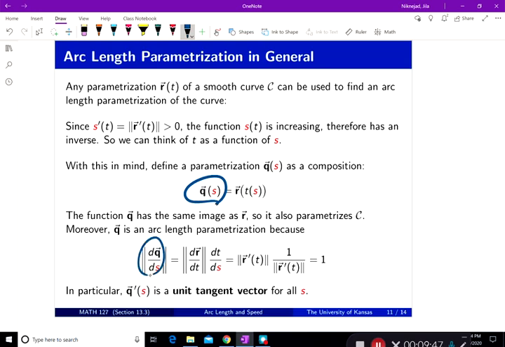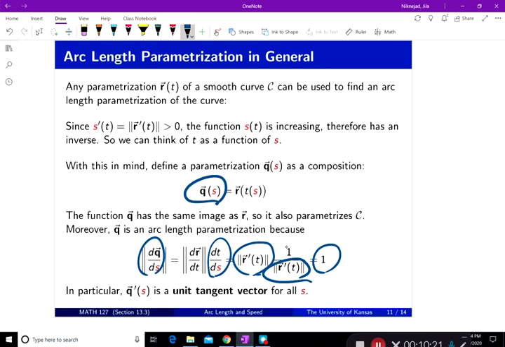this derivative is going to be dr/dt times dt/ds. When you take the magnitude of that, dt/ds is just a positive scalar that comes out, and then you have the magnitude of dr/dt. That is the magnitude of r prime of t, and dt/ds is the reciprocal of ds/dt, which is again the magnitude of r prime of t, so they simplify to 1.